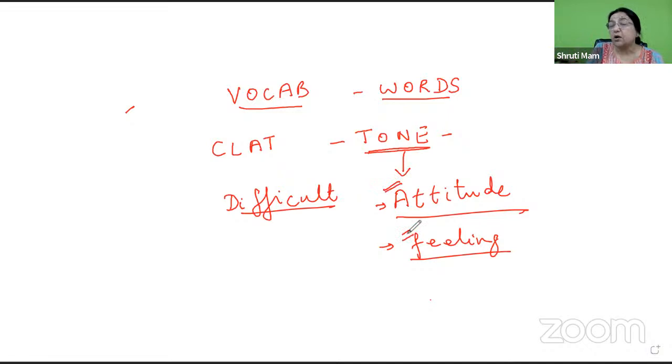So I'm going to do almost a series of 2-3 sessions on tones so that our preparation on tone is not lagging behind, because all of us are expecting at least 2 to 3 questions on tone. Plus, if we understand these tones well, our questions of inference will also find reinforcement, because you can infer a proper answer if you have understood the author's tone.